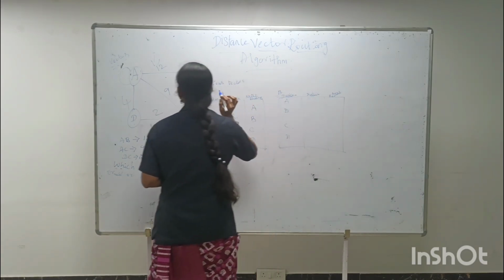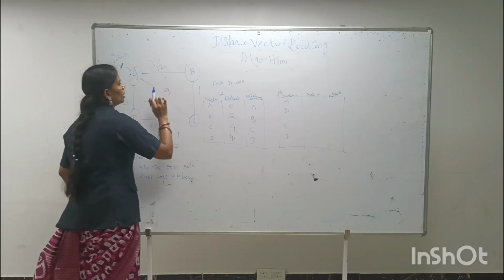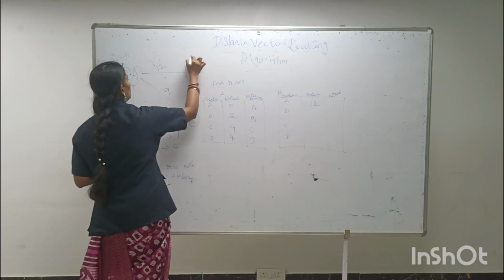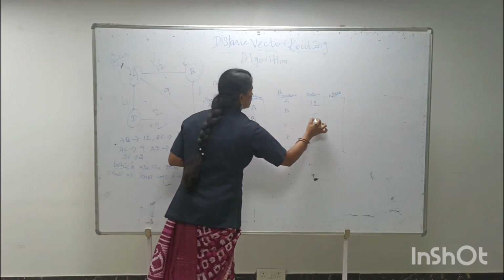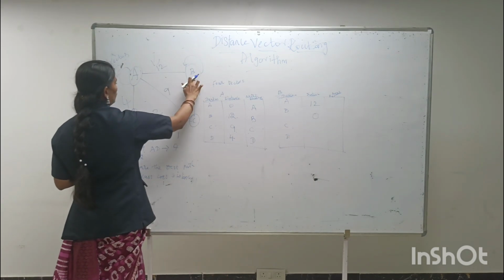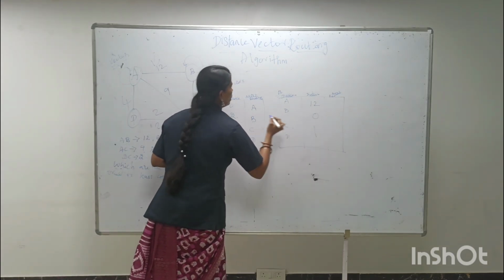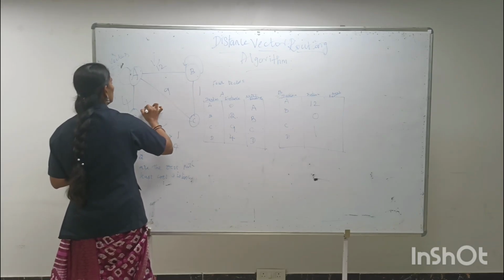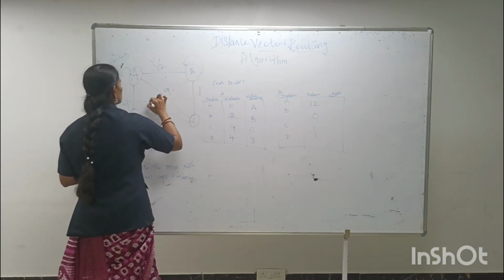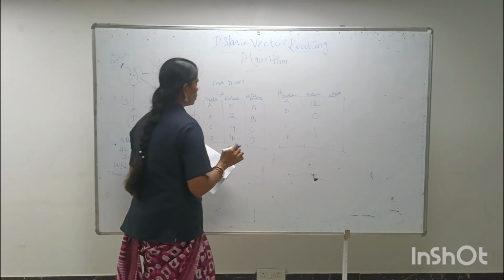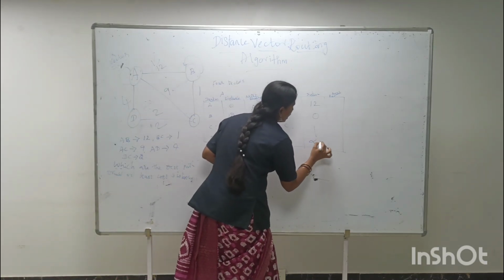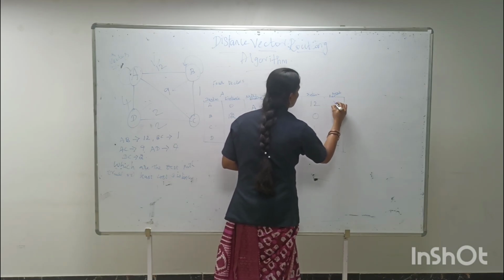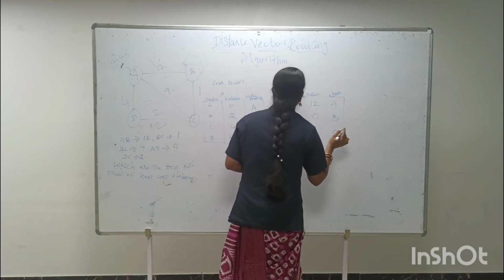For B, A to B the travel time is 12, B to B itself the distance is 0, and B to C the value is 1. Next is B to D, there is no direct communication between B and D, so we mark it as infinity. We don't know the next distance denoted, so the others will be A, B, C.